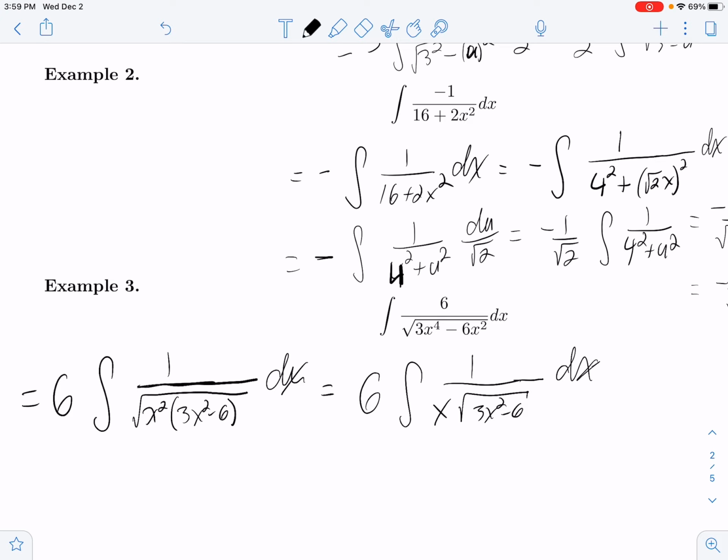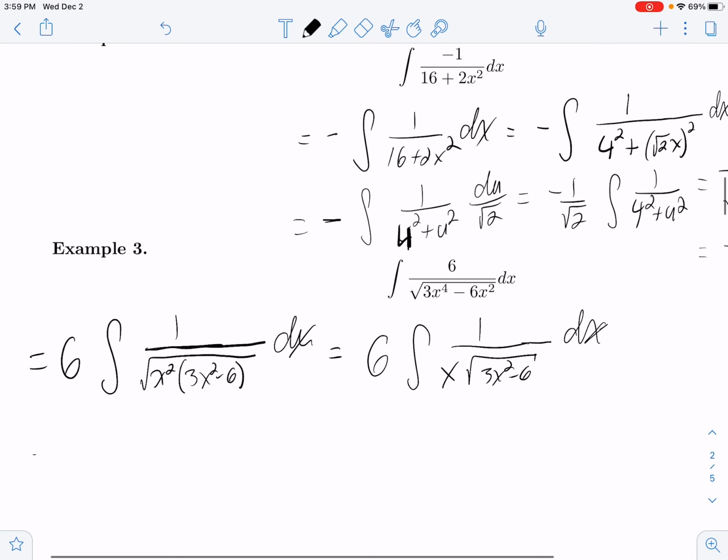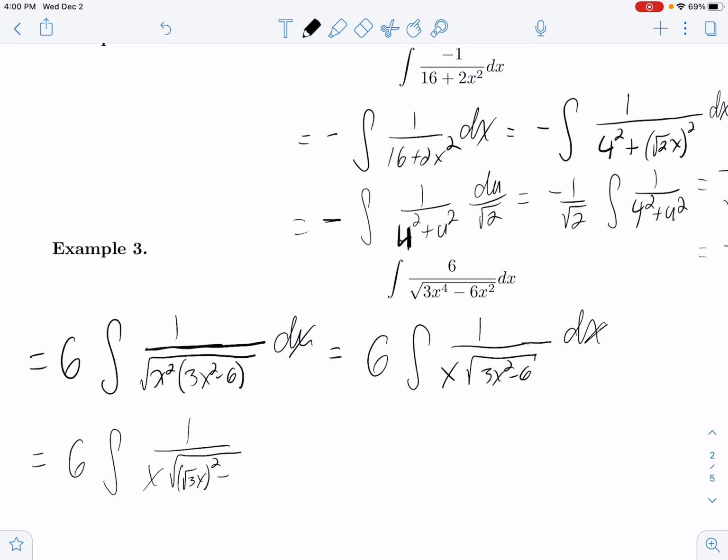Which again, we can make the simplification, well, not simplification, but 6 integral 1 over x square root of 3x squared minus 6. Actually, I should write 6 as the square root of 6 squared dx.